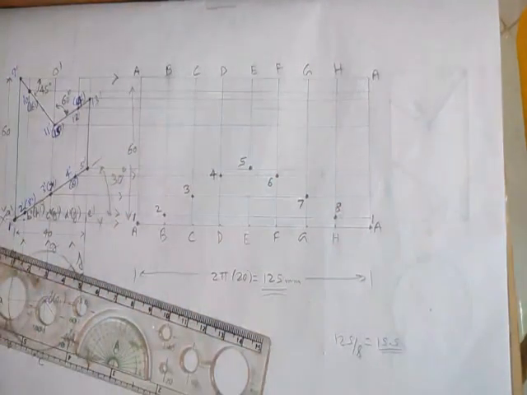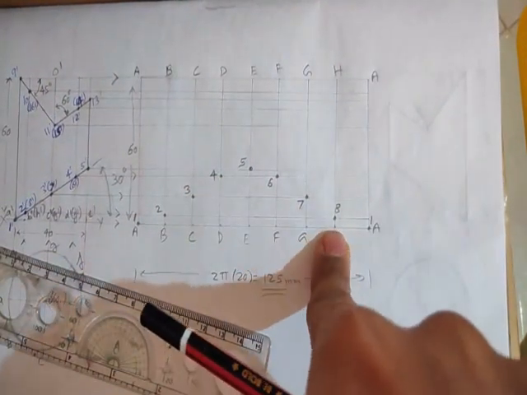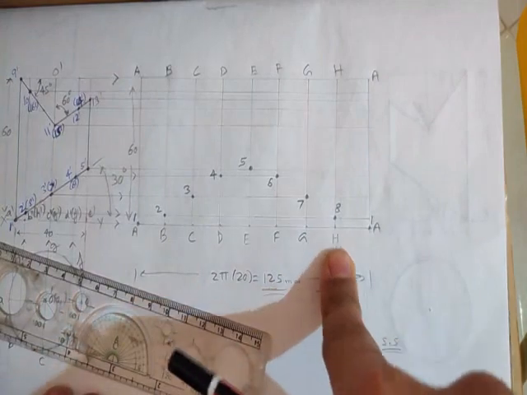So you have your 8 intersection points on the respective generator in the full development.